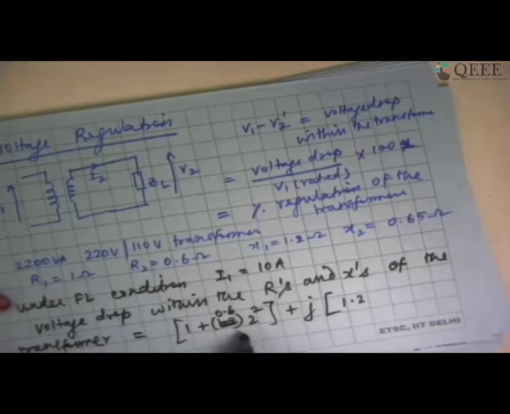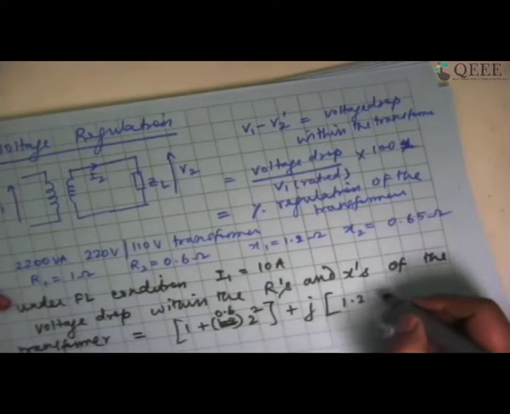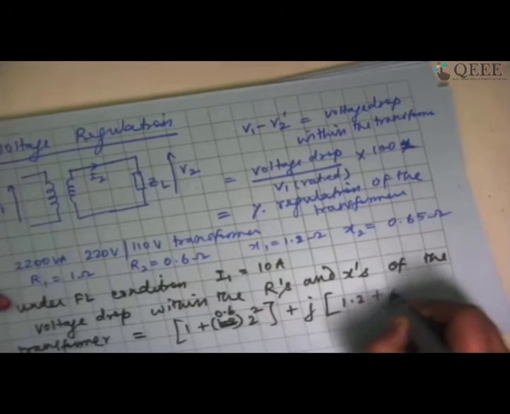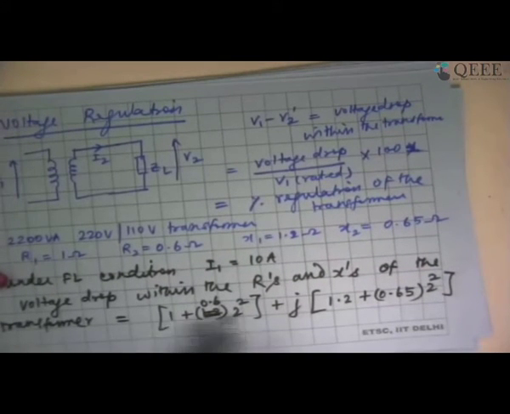So (1 + 0.6 × 2²) + j(1.2 + 0.65 × 2²). Am I correct? I am essentially looking at the resistances put together with the turns ratio transformation and reactances put together with turns ratio transformation.